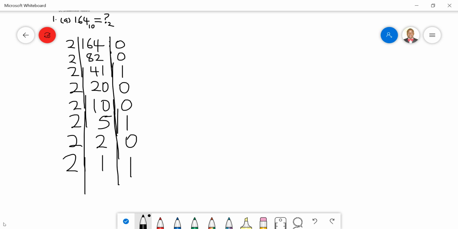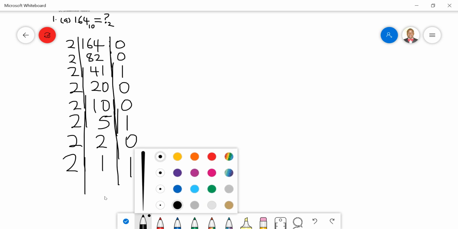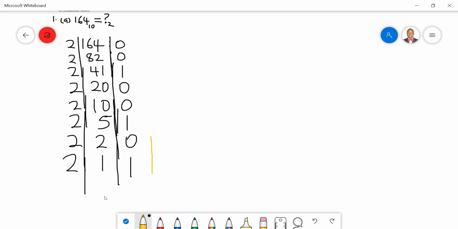So now is where you end. And when you write this number, you count them from down. You start writing them from the last digit that you wrote, starting from down going upwards.